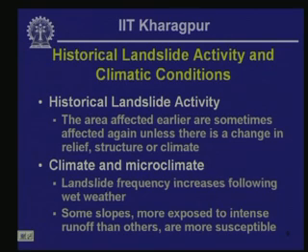So, if you have an area where frequent landslides are taking place, then you can say that there is a greater likelihood of occurrence of landslides in the near future as well.